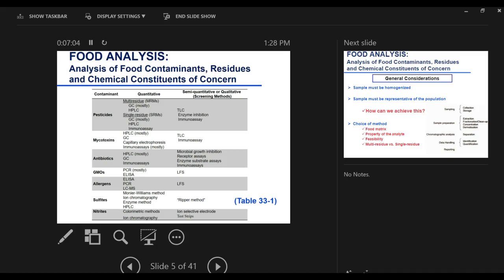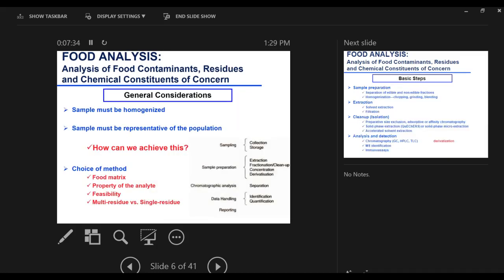Antibiotics, the GMO is mostly with either DNA methods, PCR or ELISA, to detect proteins of GMO. Lateral flow strip is our semi-quantitative one for allergen as well, similar. Allergens, you can use LCMS as well. And sulfide, we have a bunch of methods that we will talk about, and nitrites as well. Okay, so this is a good summary for you to study from.